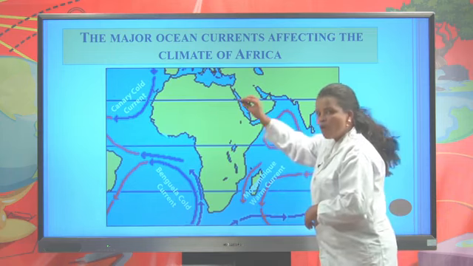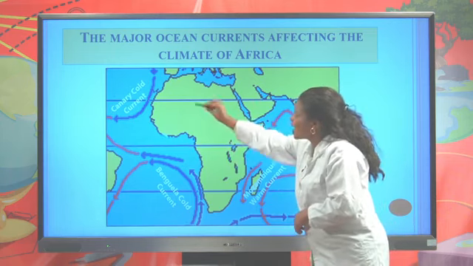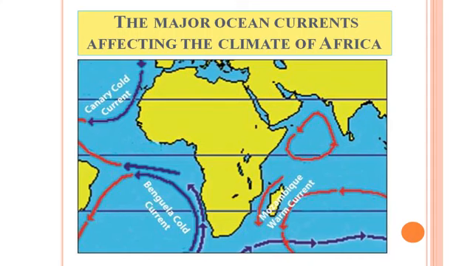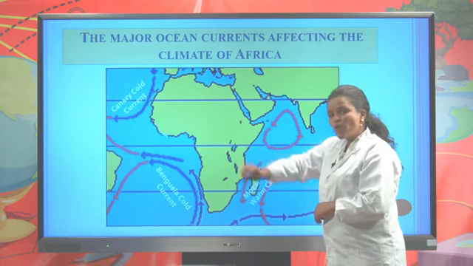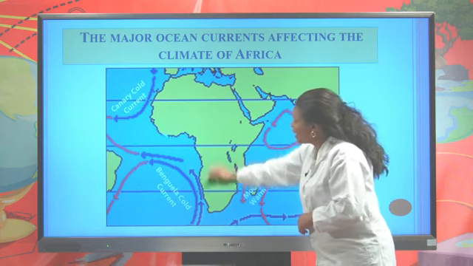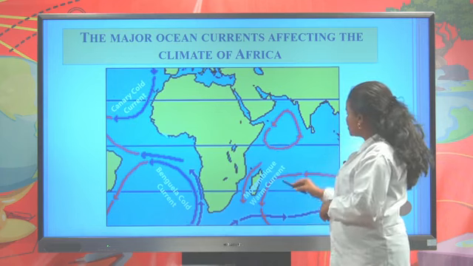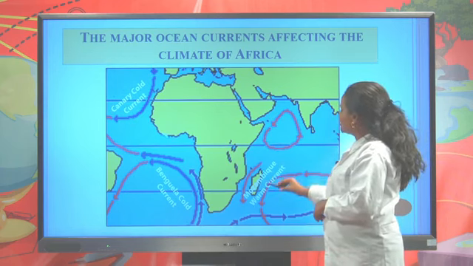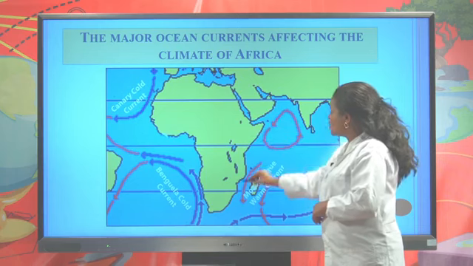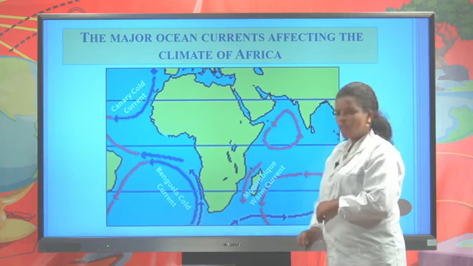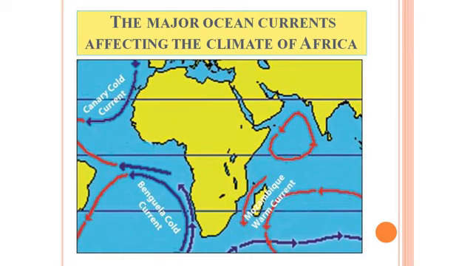Because of the cold effect of the Benguela and Canary ocean currents, most of the world's deserts are found on the western coast of the continent, except the Sahara Desert. And the Mozambique warm current gives a warming effect to the southeast of Africa. So this part of Africa receives better rainfall because of the warm Mozambique ocean current.